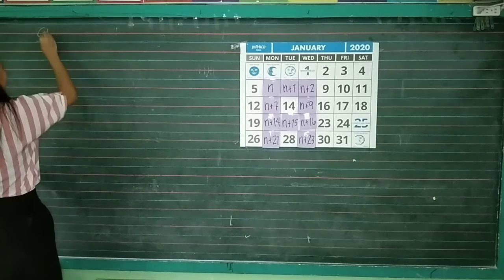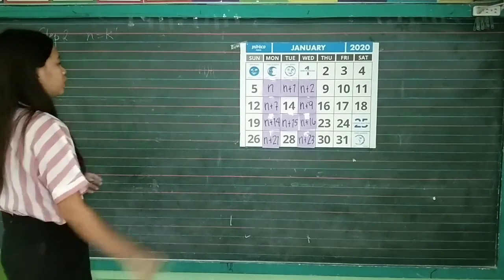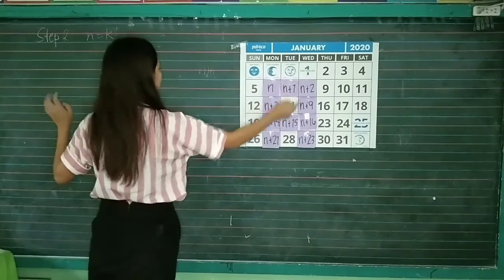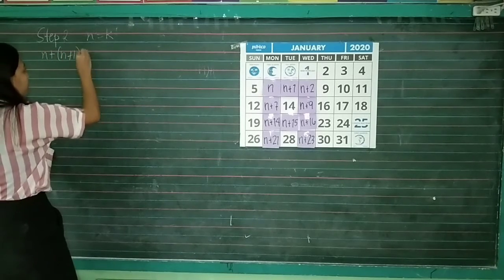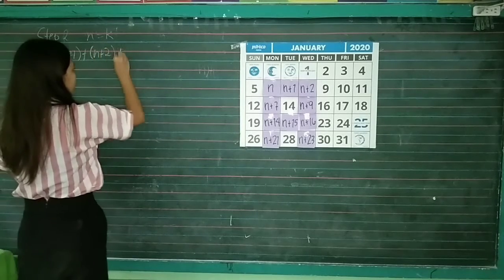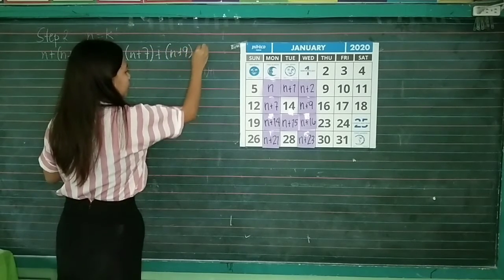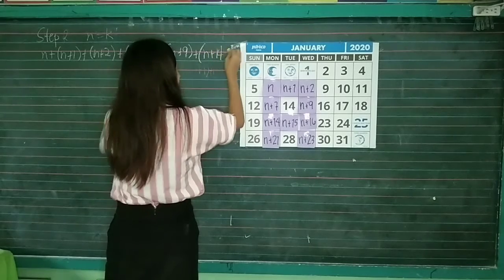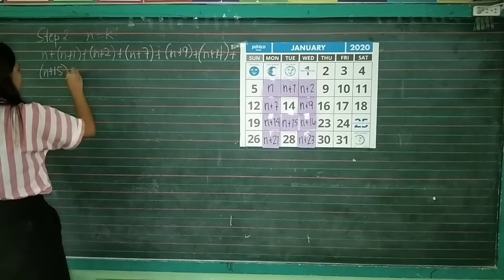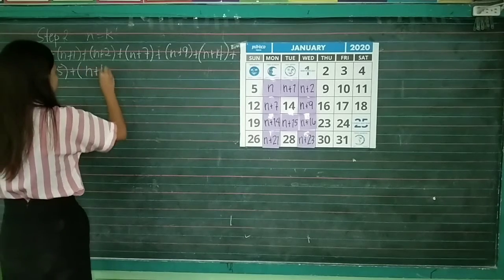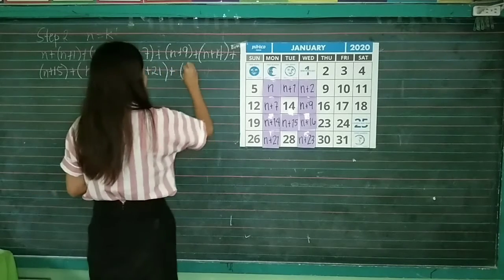So, step 2, n is equal to k. Yan. So, lagpunin natin itong mga to. So, n plus ... plus n plus 23.